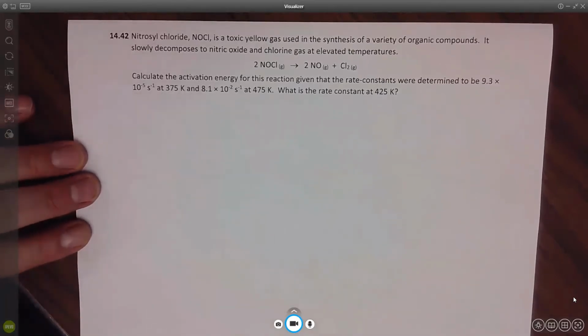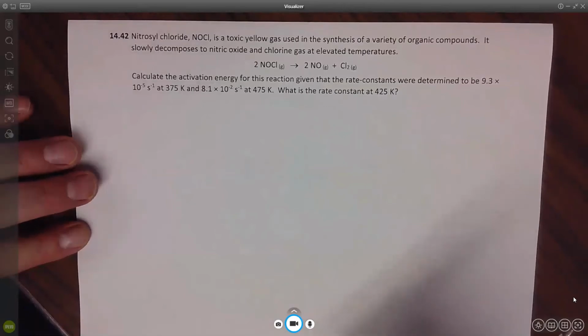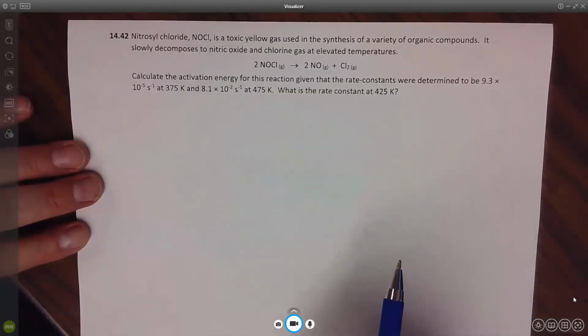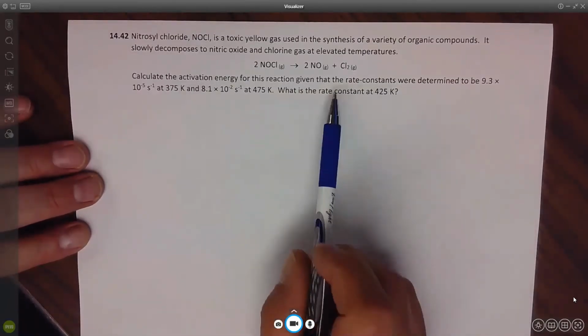It says nitrosyl chloride is a toxic yellow gas used in the synthesis of a variety of organic compounds. It slowly decomposes to nitric oxide and chlorine gas at elevated temperatures.